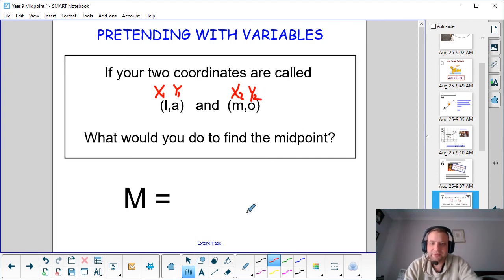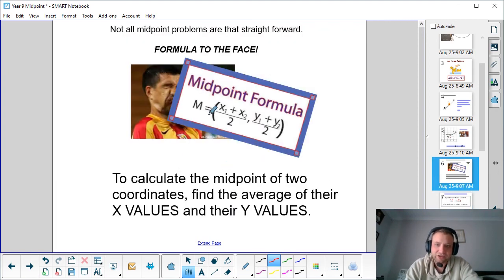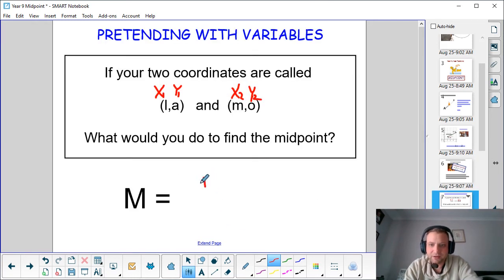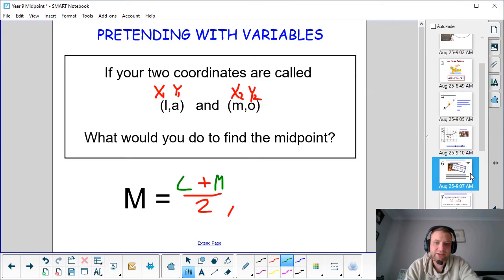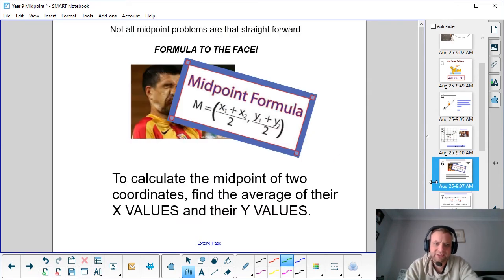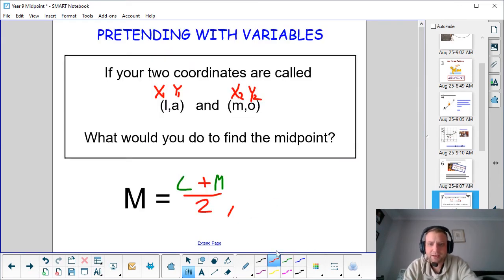Okay, so to find a midpoint, what it says is you get your two x coordinates, x1 and x2, and put a plus in between them, and then divide by 2. Right, so it's really just a matter of choosing the two right numbers, okay? In this case, it's L and it's M. Right, x1, x2. That's what the formula said to do. Go x1 plus x2, so that's what I did. The next part of the formula says add your y coordinates together, y1 and y2.